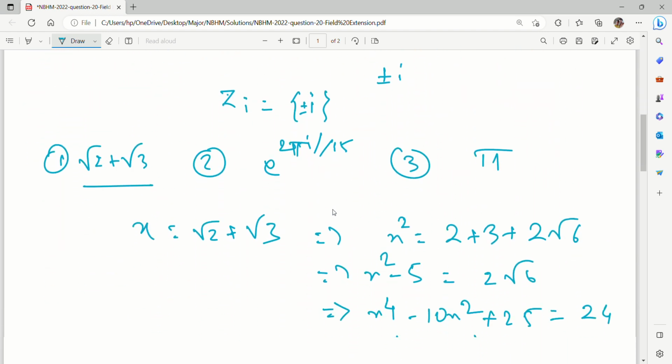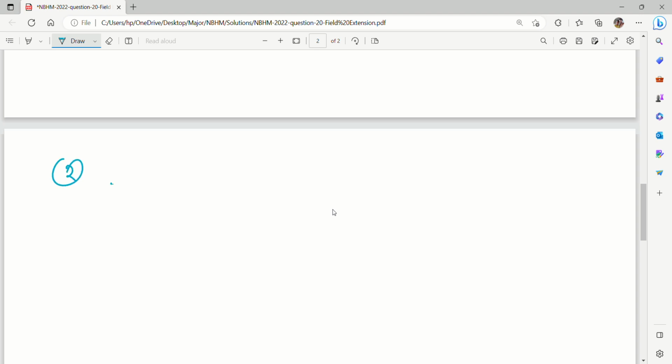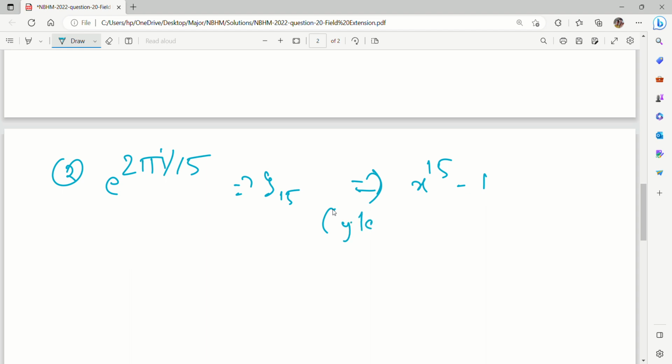So now come to the second one, exponential 2 pi I by 15. This is basically zeta 15, and it satisfies the polynomial x to the power 15 minus 1. These kinds of polynomials are known as cyclotomic polynomials.